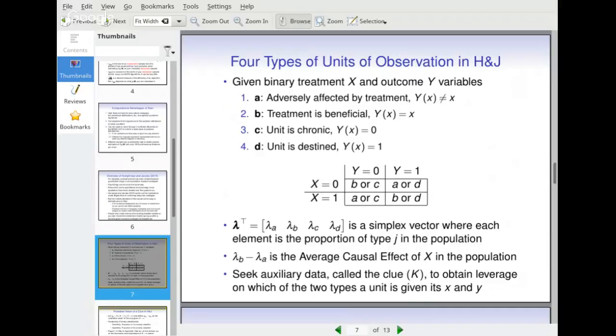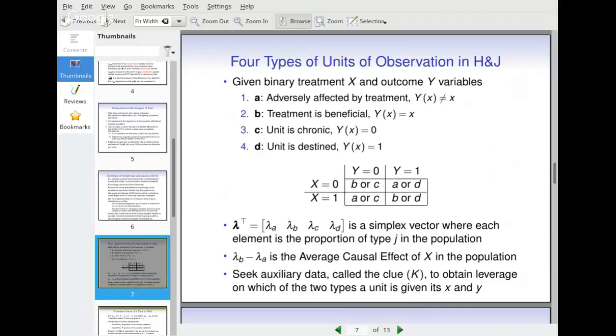Well, that's consistent with the country being type B, or it's just as consistent with the country being type C. If we changed X from 0 to 1, Y might change, but we don't really have the ability to do treatments on countries and see what happens. So we just observe.